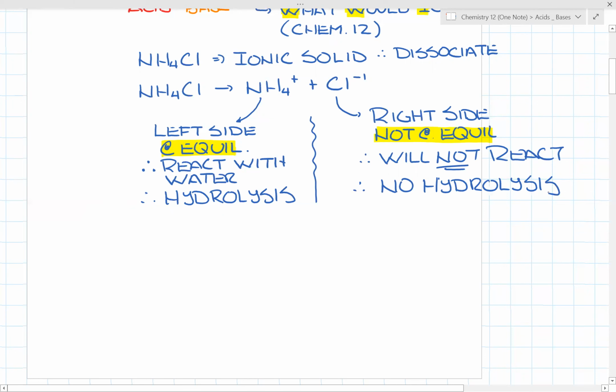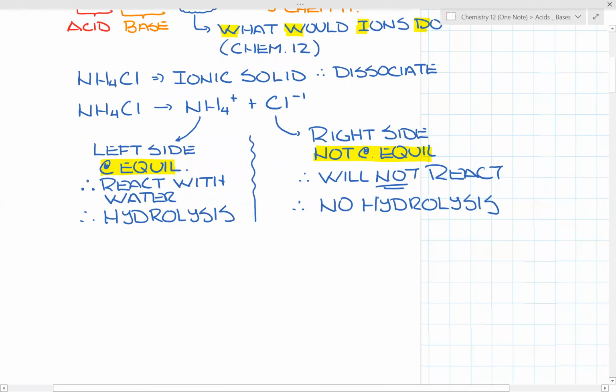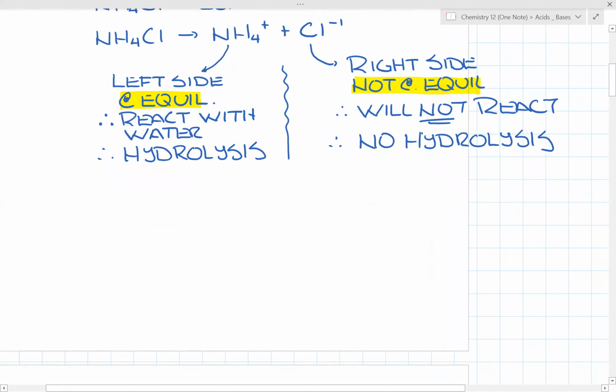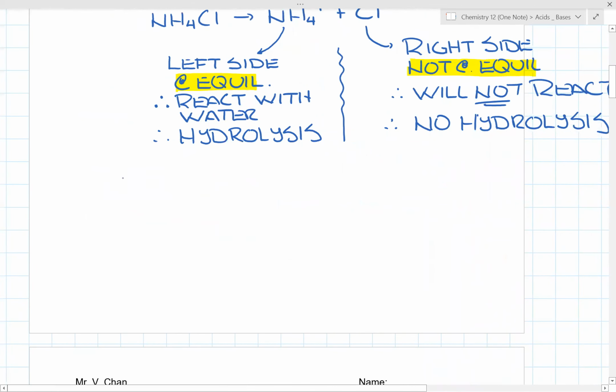Okay. Now, what happens is the two ions will break apart and one will react with water, in this case NH4 plus, the other one will not. And this reaction with water is called hydrolysis. So what we have is NH4 plus and water.